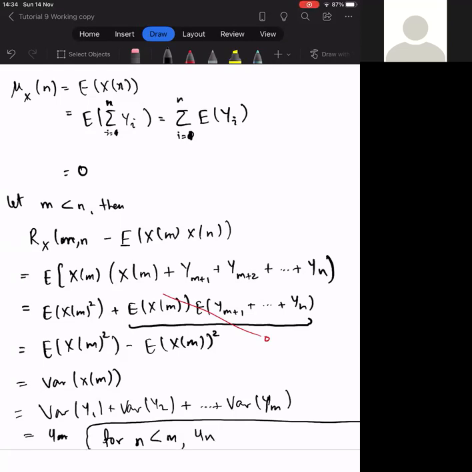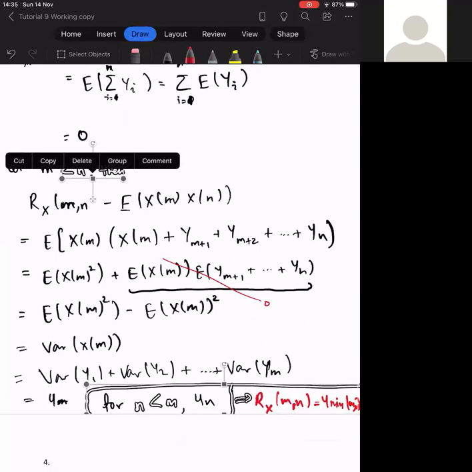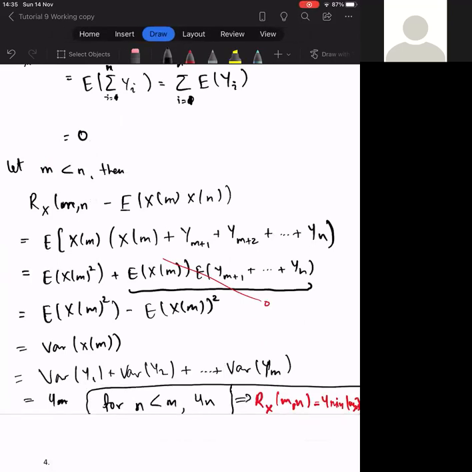And you can see that वही चीजें होंगी सारी बस रिवर्स हो जाएगा. तो we'll know कि जब m n से छोटा होगा तो हमारे पास 4m आएगा, जब n m से छोटा होगा तो हमारे पास 4n आएगा. तो फिर the final answer is, इसको मैं रेड में लिख देता हूँ कि Rx(m, n) equals 4 times the minimum of m and n.